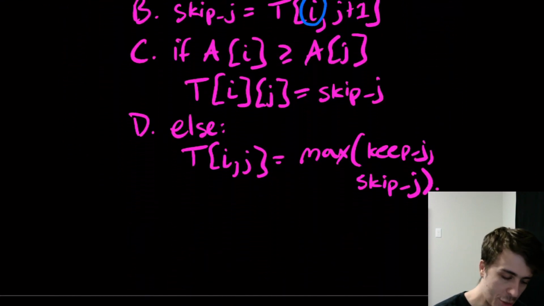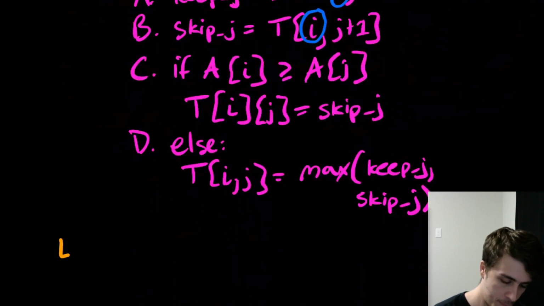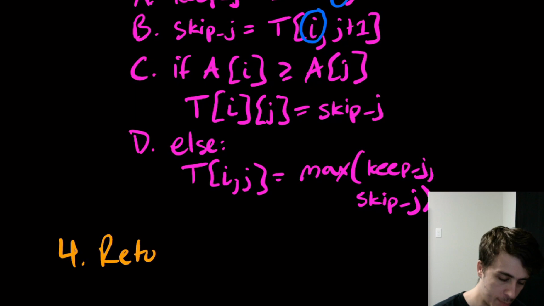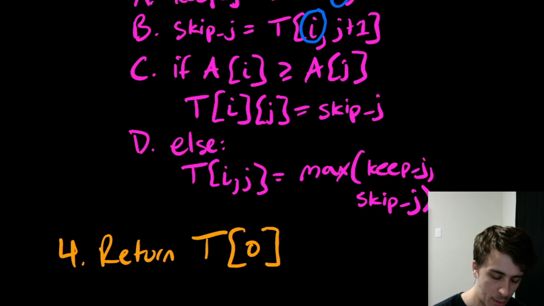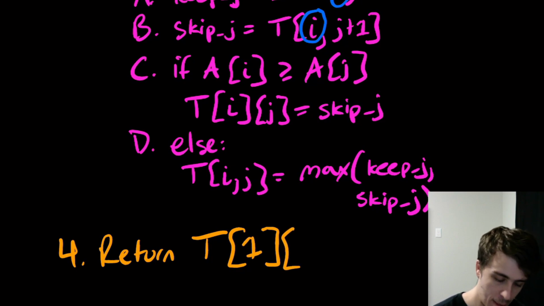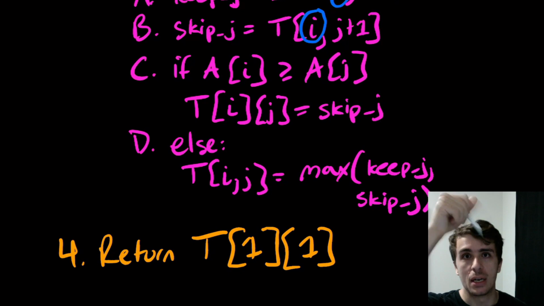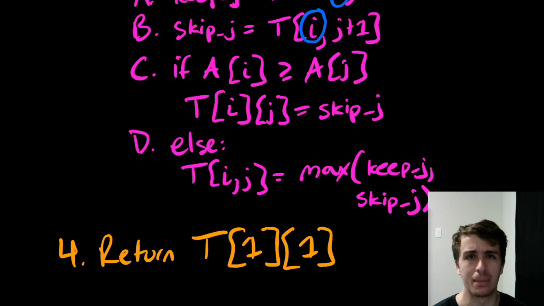So step 4, what we're going to return is the table at index 0, 1, and 1. I want you to figure out why that's the case, so put into the comments if you can prove why that's the case. I don't want to give away the whole reasoning for that, but that's something I want you to actually prove.